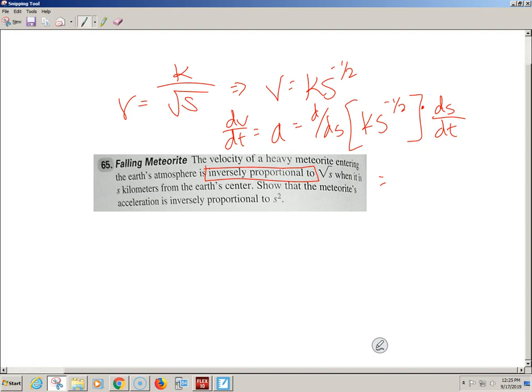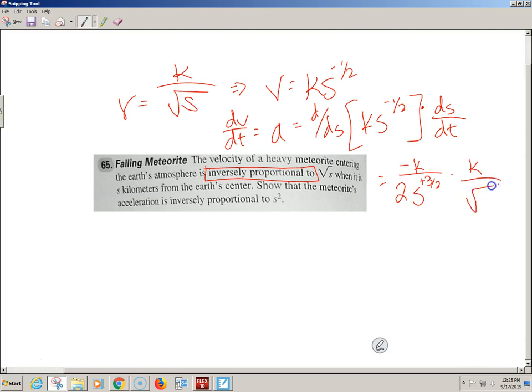So then we have negative k over 2 s to the negative 3/2 power, which is a positive in the denominator, times ds dt. Who's ds dt? Oh, duh. Yeah.